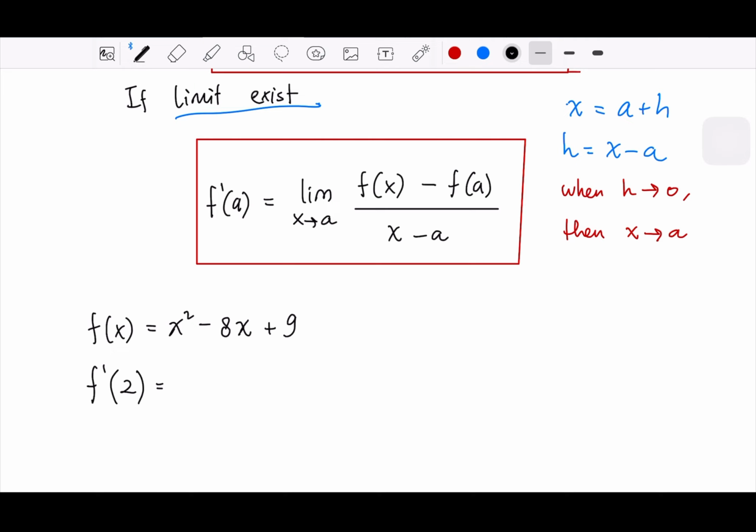Let's just try the whole process first, and then the conclusion will be very easy. Limit. Let's just take the h. So this will be divided by h, and then this will be f of 2 plus h.